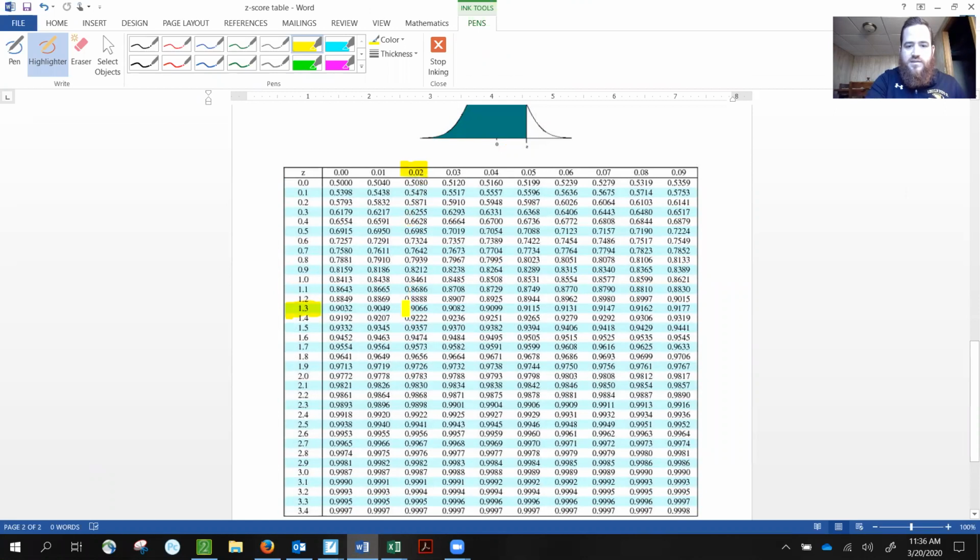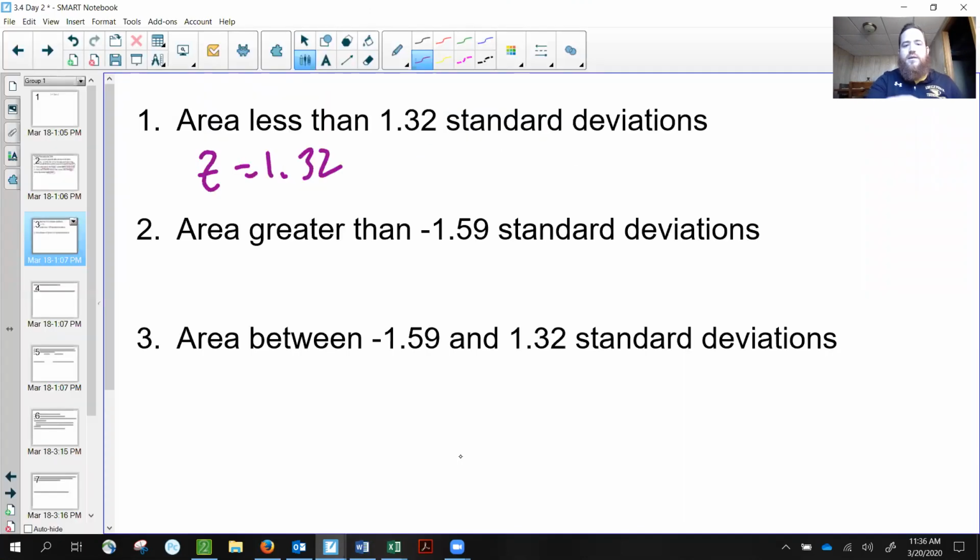Where do they meet? At 0.9066. So area less than 1.32 standard deviations. Well, then our area is 0.9066. Table told us that.